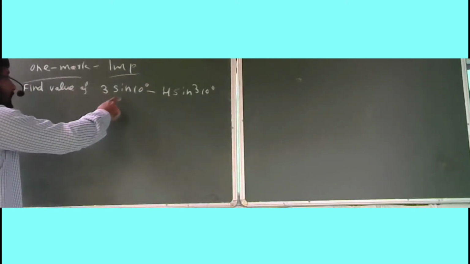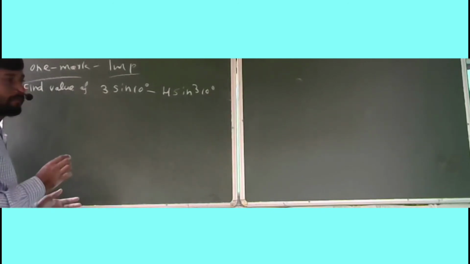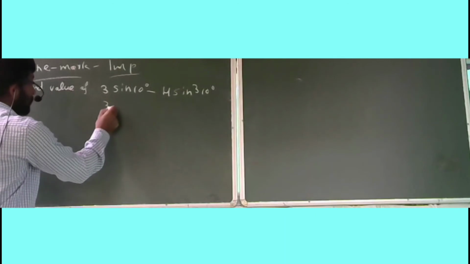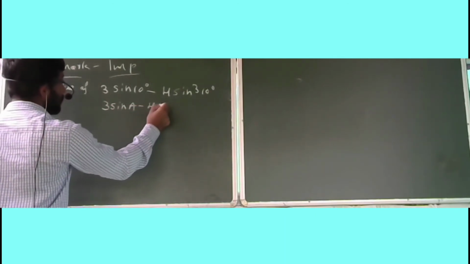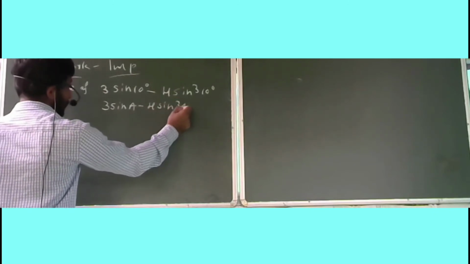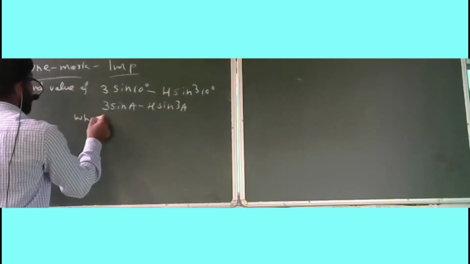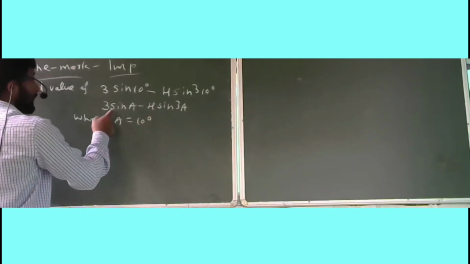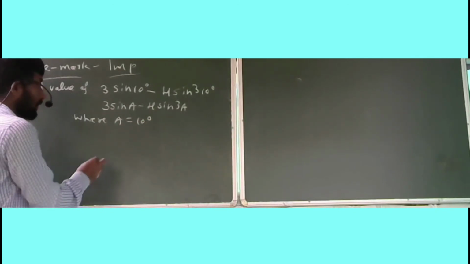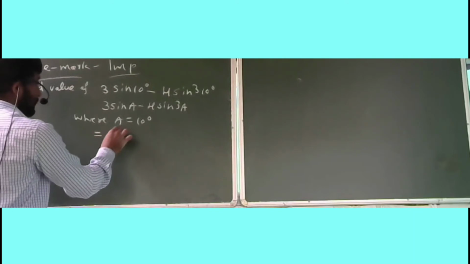See the next question. Find the value of 3 sin 10 degree minus 4 sin cube 10 degree. If you observe this one, this is in the form 3 sin A minus 4 sin cube A, where A value equal to 10 degree. We know 3 sin A minus 4 sin cube A is nothing but sin 3A.